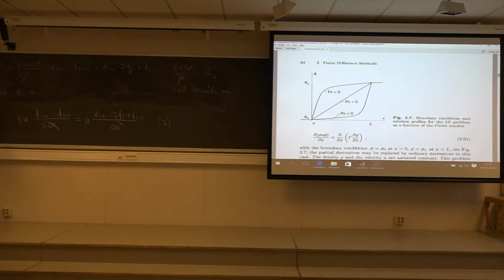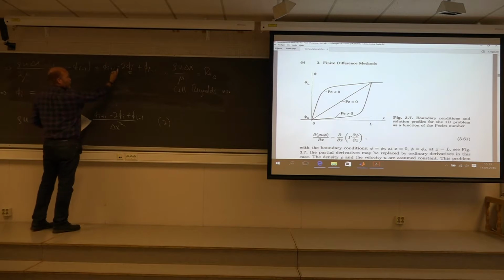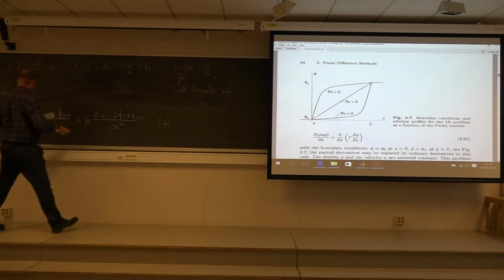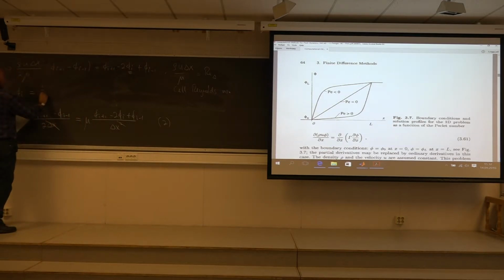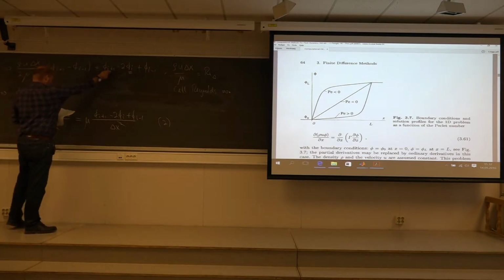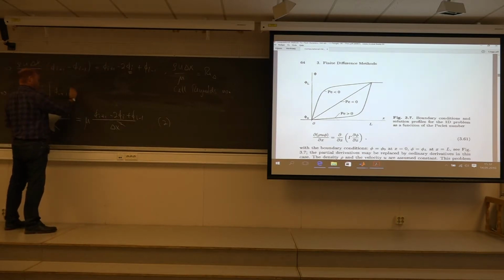Then what will we have? Well, here we have 1/2 of the Reynolds number, and here I have minus 1/2. So it's going to be a little trick here, but what you should end up with will be something like this: i plus 1, which you have here and also here. This one will now have 1.